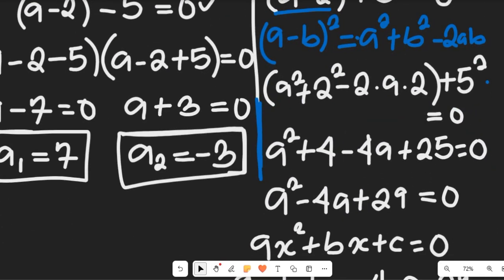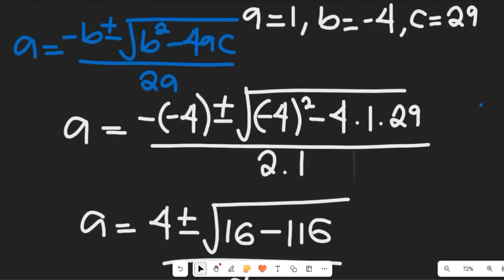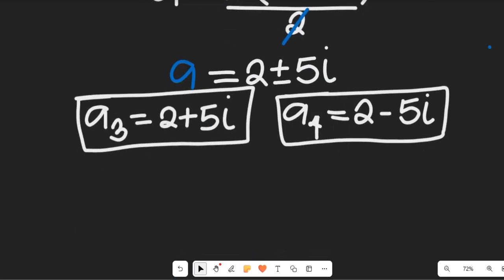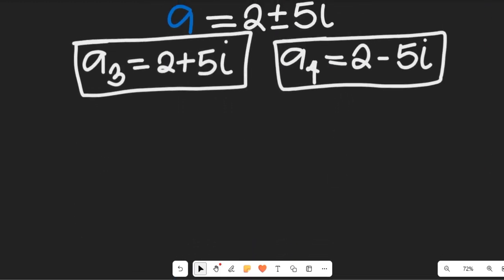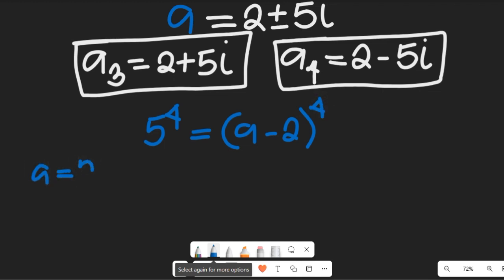Let's insert the value of a equal to 7 and a equal to minus 3 to see if our solutions are absolutely right. The imaginary remains an imaginary solution. So if we are given 5 to the power of 4, can this be equal to a minus 2, all to the power of 4 at a equal to 7?